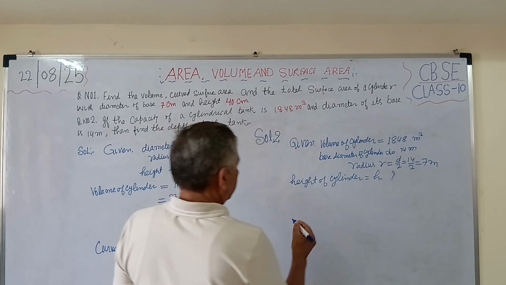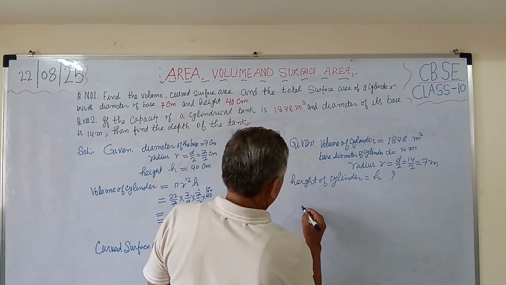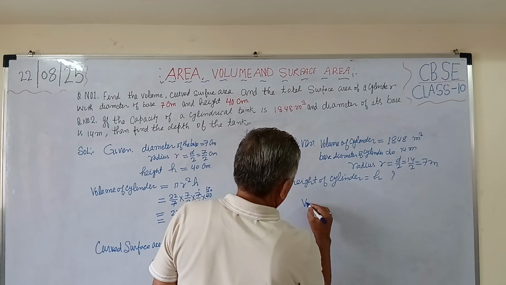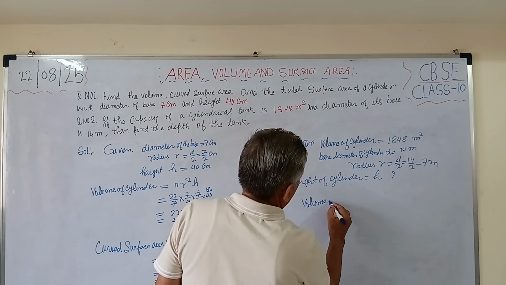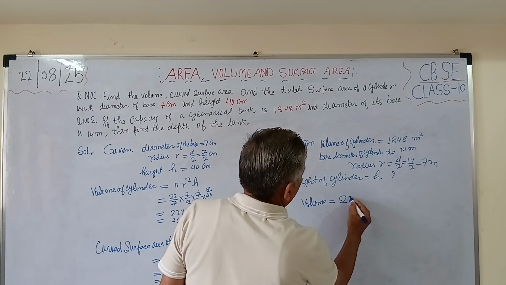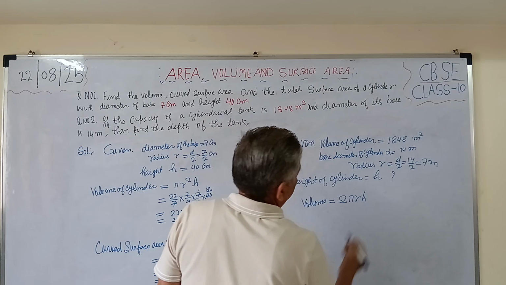So I will apply the formula, that is volume of cylinder equals to 2 pi RH.